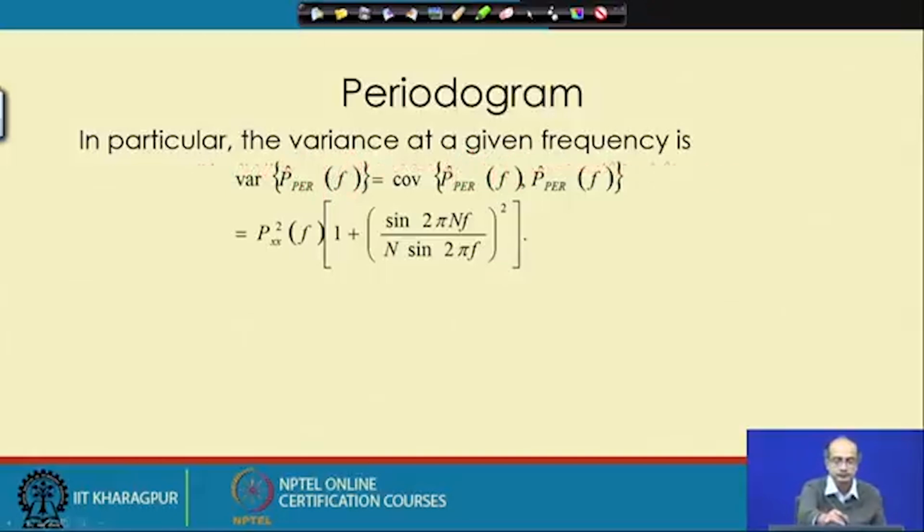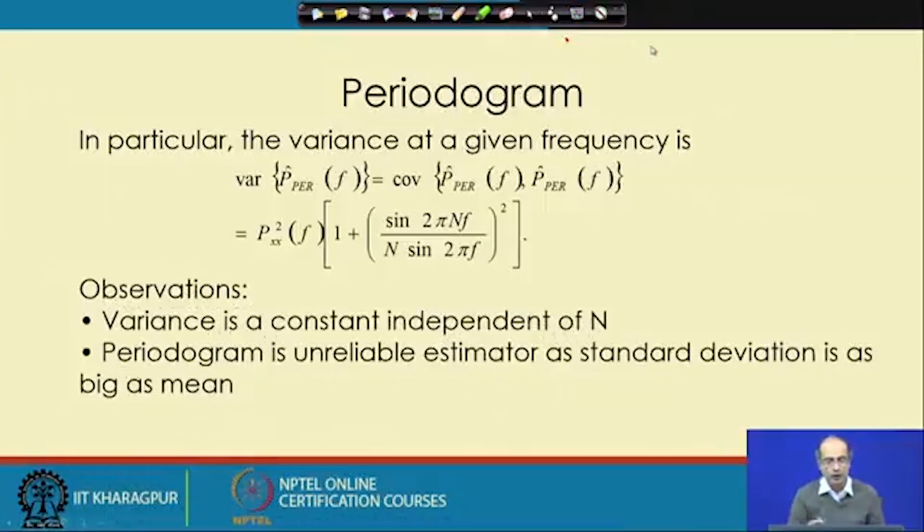Okay. So, the first observation is the variance is a constant independent of N.